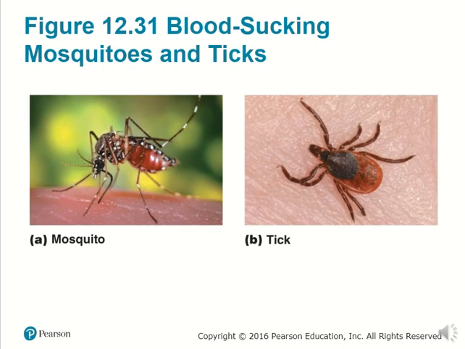And then there are blood-sucking mosquitoes and ticks, which can be vectors for parasitic or pathogenic organisms.